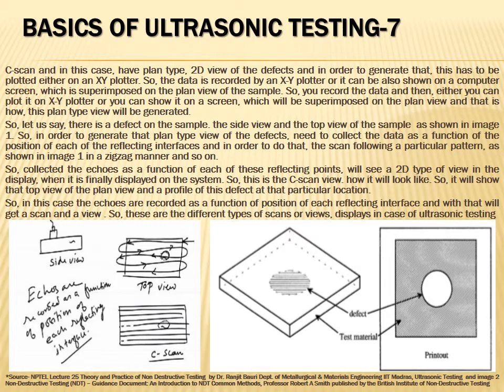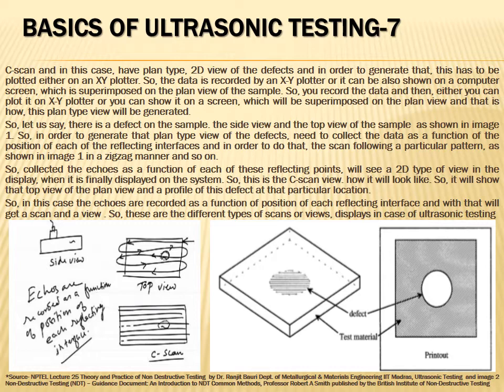So you need to move the probe in a particular manner, as you see in that image. If we have a sample, you see the side view and the top view of it. To collect the data as a function of the position of each reflecting interface, we scan in a particular manner.